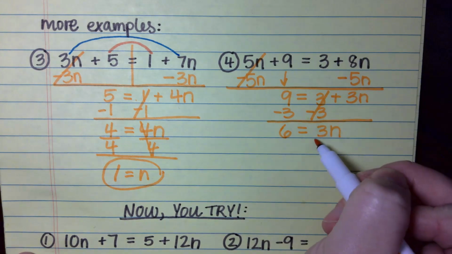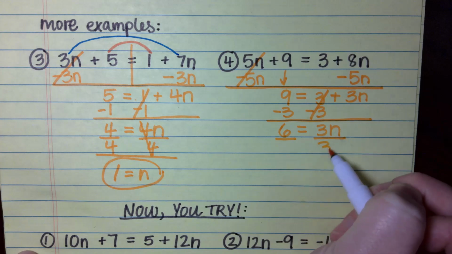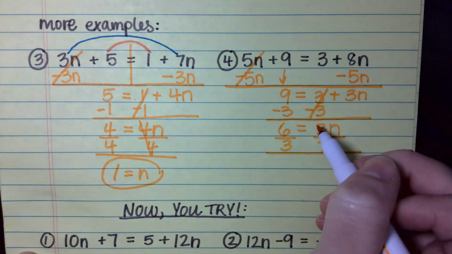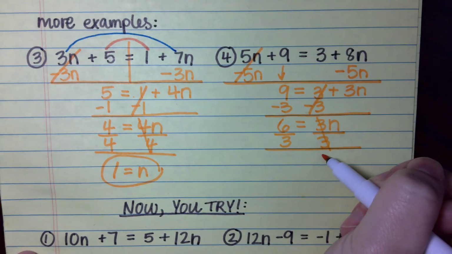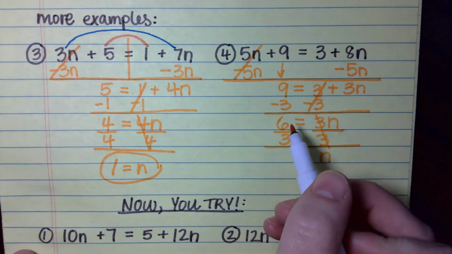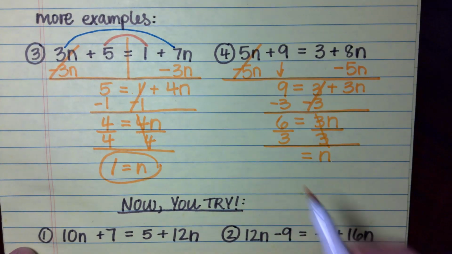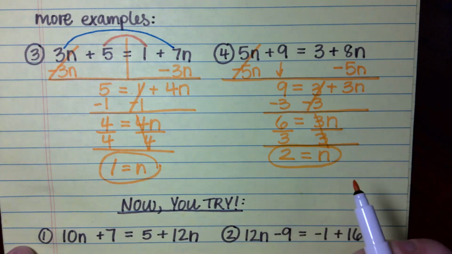Divide. Good. And what am I dividing by? 3. Perfect. Okay, my 3's are going to cancel, and that's going to leave me with n. n equals, what is 6 divided by 3? 2. Good. And that's your answer.